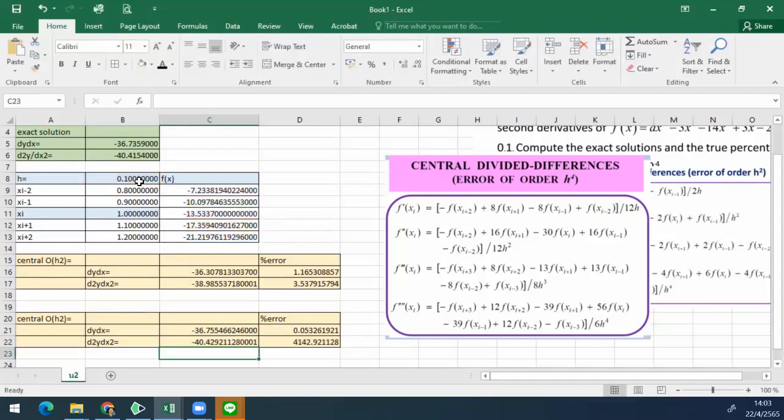Okay, we have a value like this. Okay, it means the percent error.